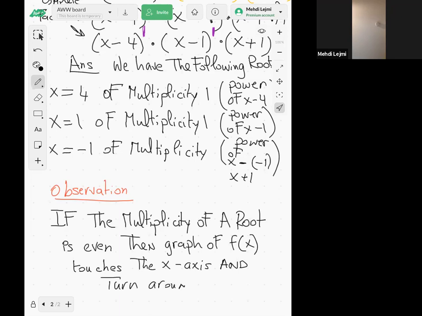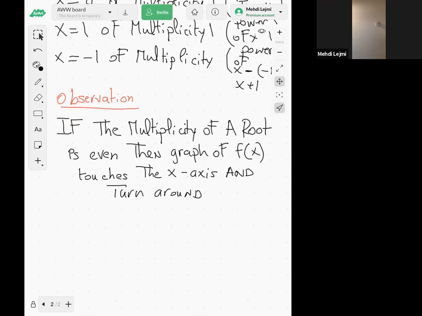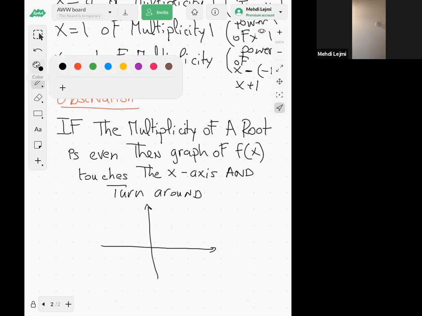Okay, so what do I mean by turning around? We're going to have the following situation. So here's my graph. A root, again, is just another word for x-intercept, the intersection of the graph with the x-axis. So suppose this is my root.